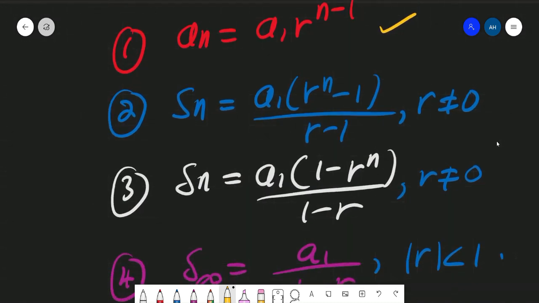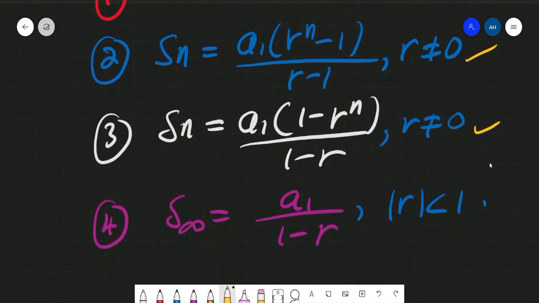Now there is another version, that is formula number 3 of the same sum, that is the partial sum of the geometric series. Okay, another version, this formula number here, number 3, this is formula number 2. And lastly, we are going to explain about the infinite sum of a geometric series, especially for the absolute value of r less than 1.